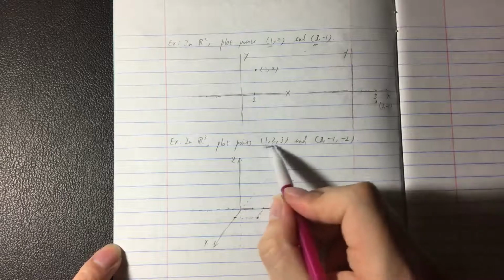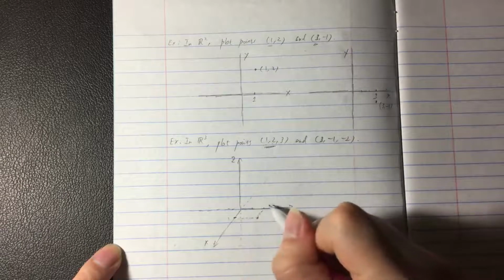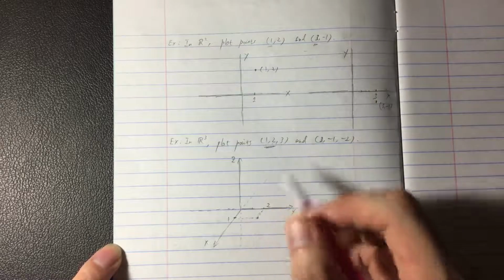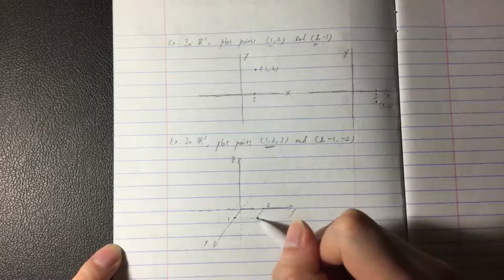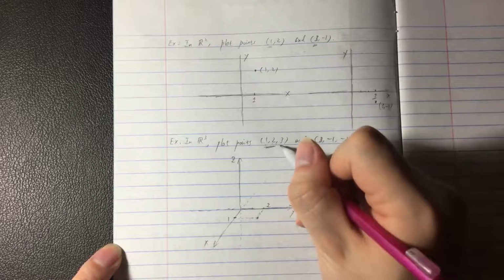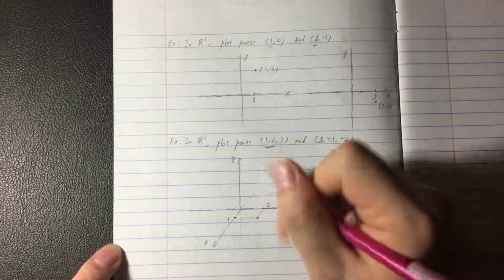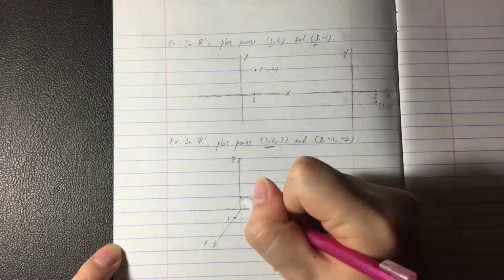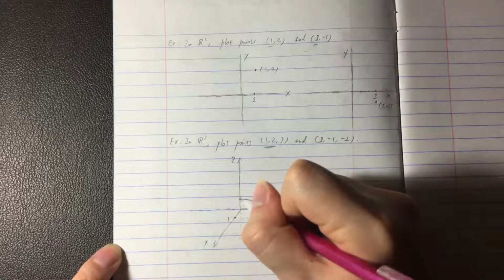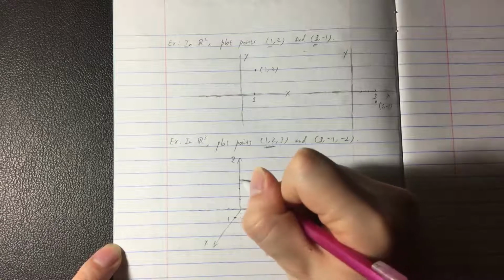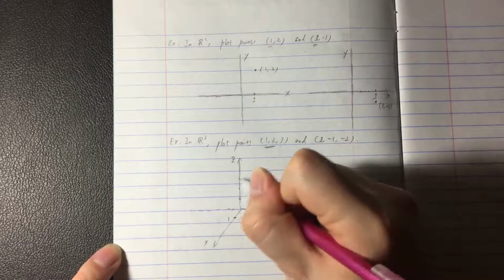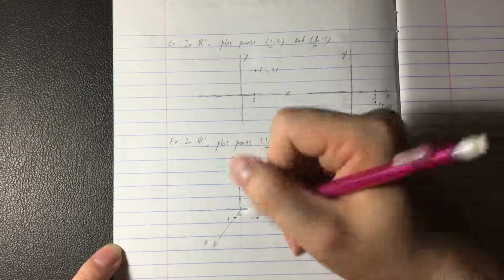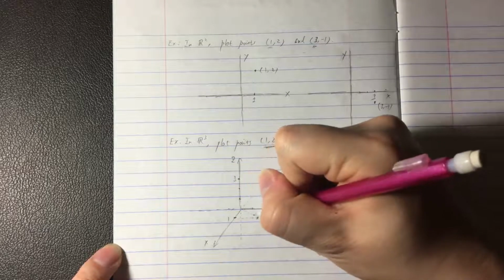That's the point (1, 2) in the xy plane. Now the z coordinate is 3. We move up by 3 units.